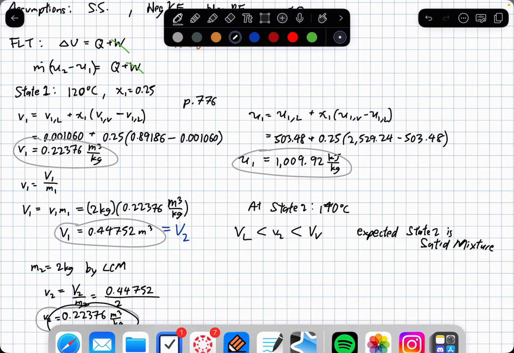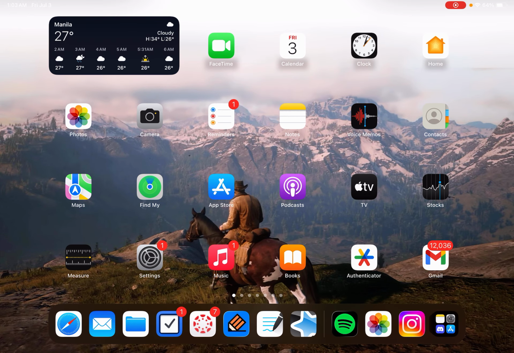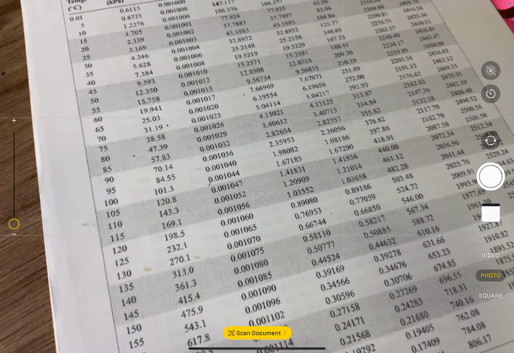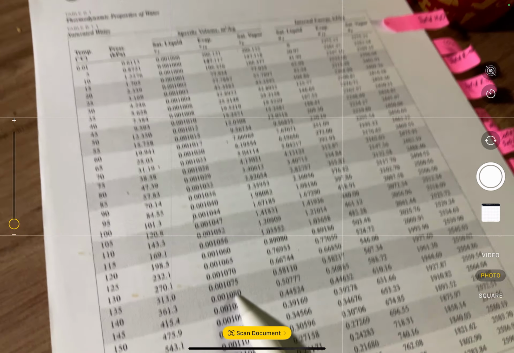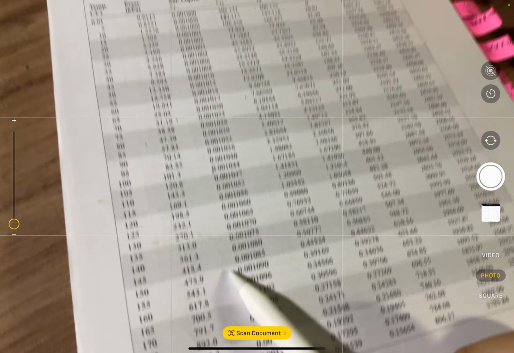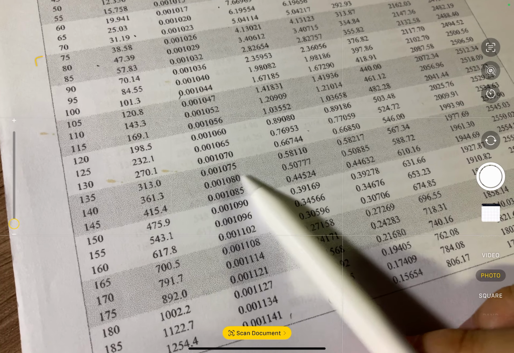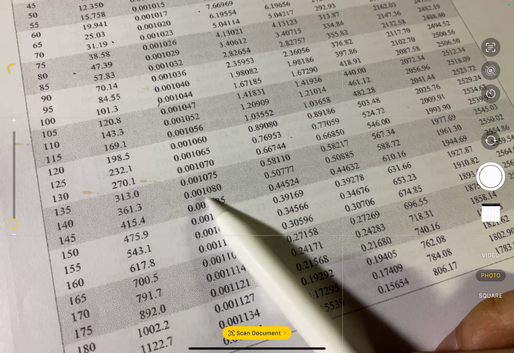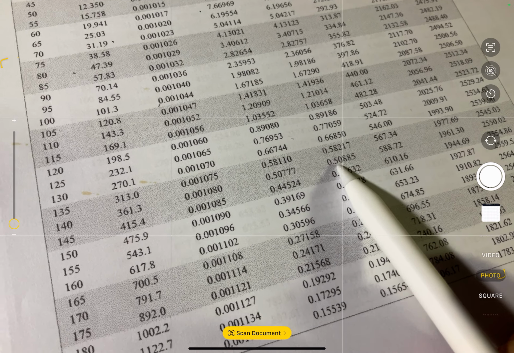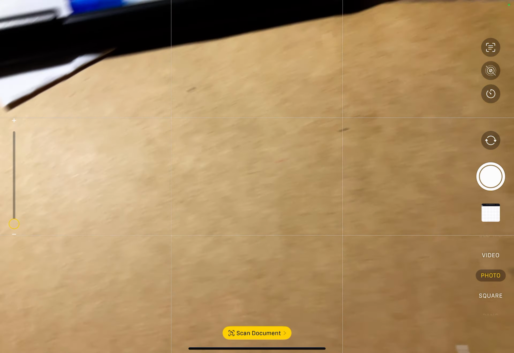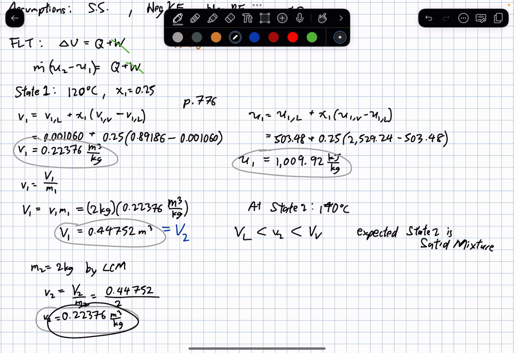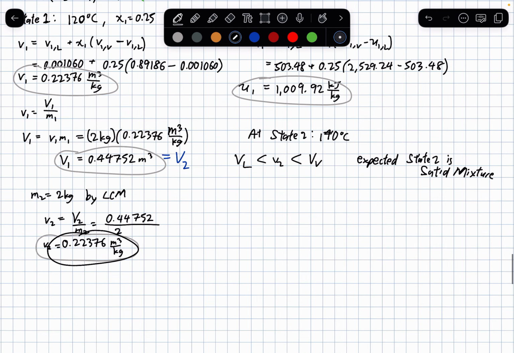Let me actually point that out here. At 140, this is specific volume, no? You see 0.001 and 0.51. Somewhere between, we have 0.2. So we can confidently say that state 2 is a saturated mixture.